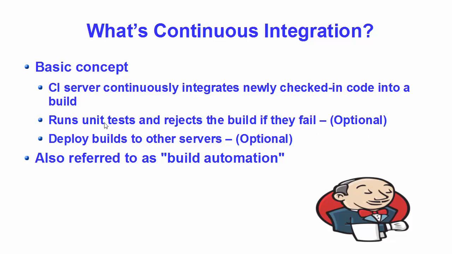If your unit test or whatever build you are making is successful, then a continuous integration system is going to deploy your build to other servers. So continuous integration is also referred to as build automation. You may ask, what does this really mean? At regular intervals, ideally on every commit you make in your version control system, your continuous integration system is going to integrate your changes.